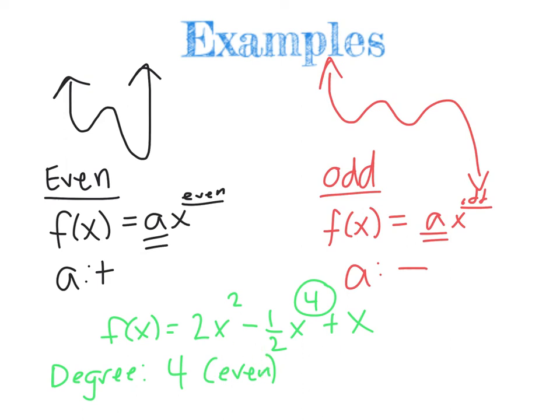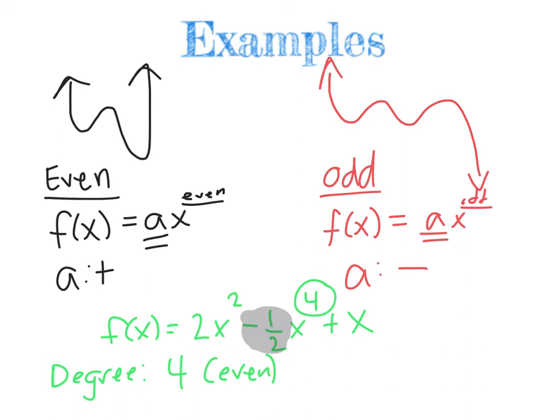Now, what about the leading coefficient? Now that I know that it's x to the fourth power, the leading coefficient is this number in front, the -1/2. That'll also tell me something about this polynomial. This -1/2 is the leading coefficient of x to the fourth. So because it's negative, what will it tell me?